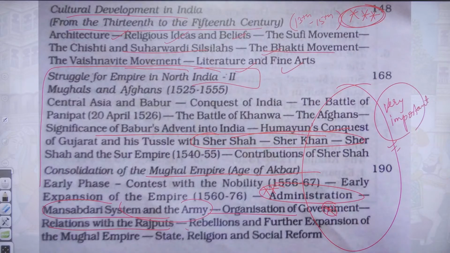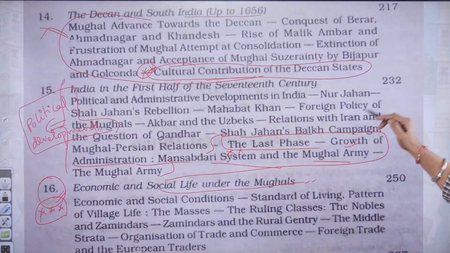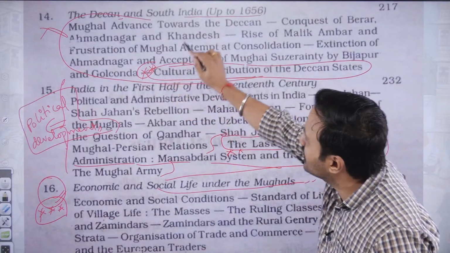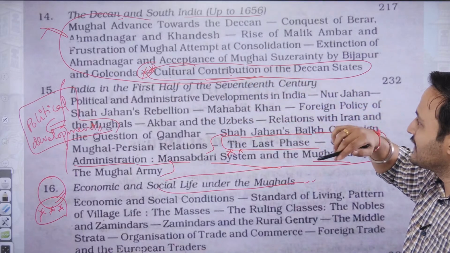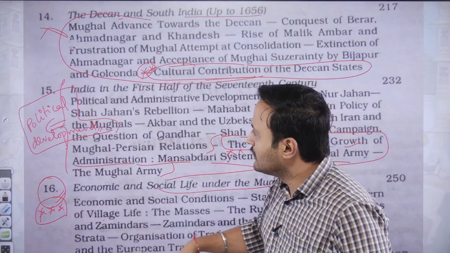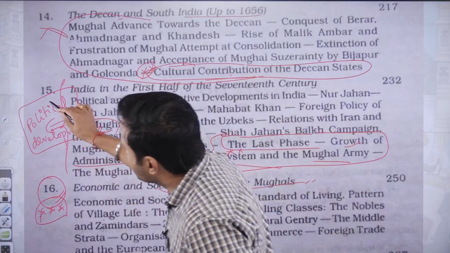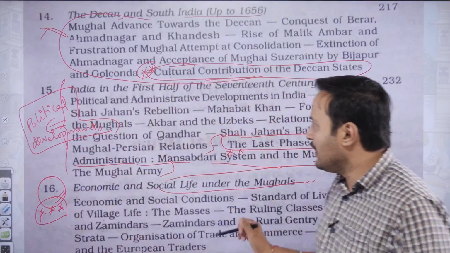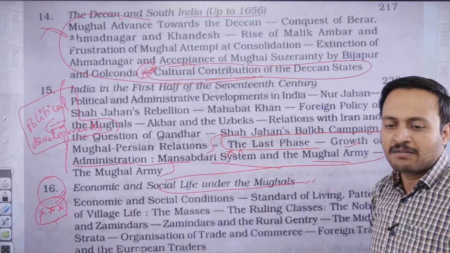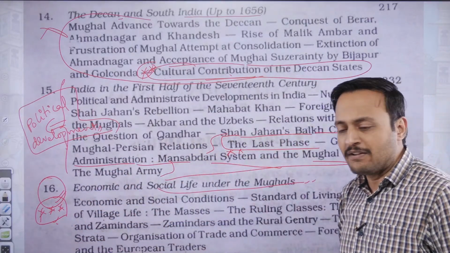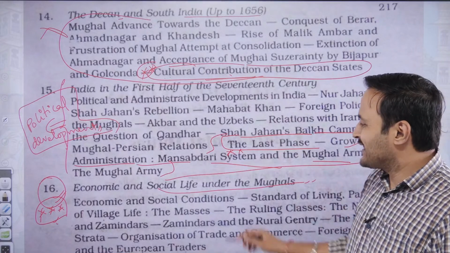And after that we have only one topic in the Deccan part, the cultural contribution of the Deccan states. Then we have chapters 15 and 16, in which only chapter 16 is important, not chapter 15. Okay, everyone? I hope it is clear to all of you.